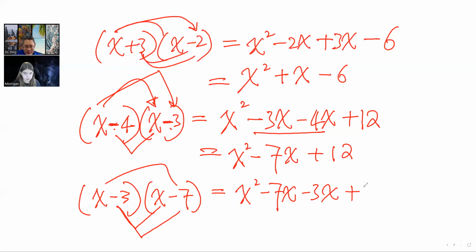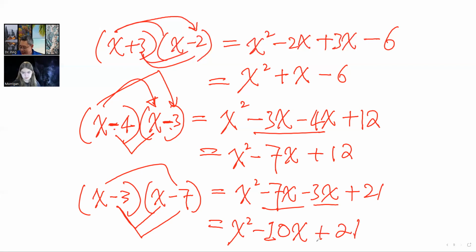Yep. 3 times 7, that is 21. Very good. Then we combine the like terms, 7x and 3x. You add them, right? Yep, so minus 10x plus 21. Very good. So that's what we have for today.